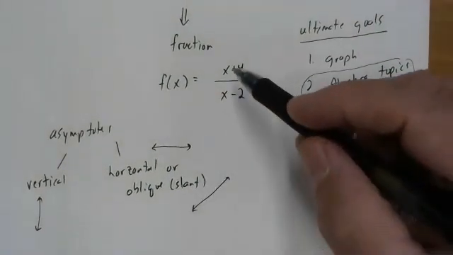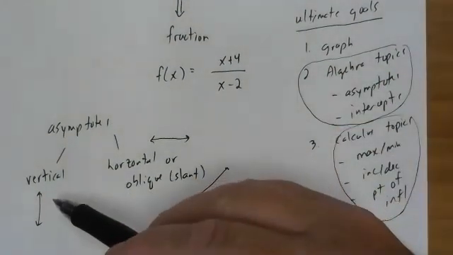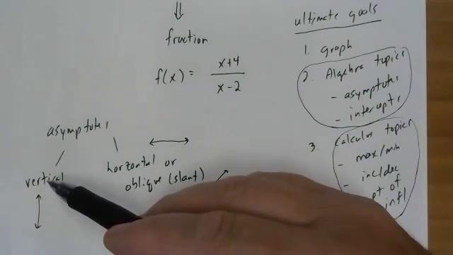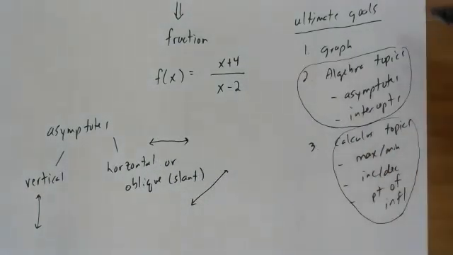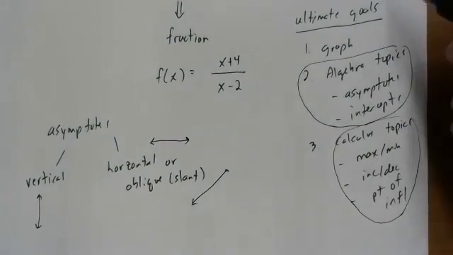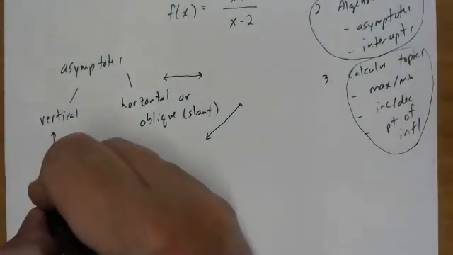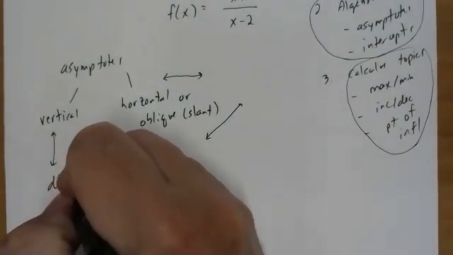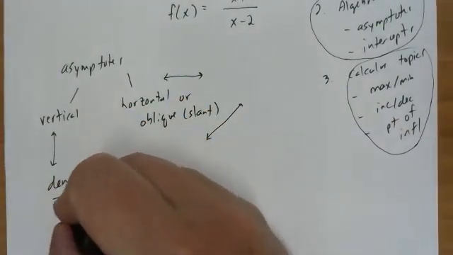So our job is to look at our function, our expression, see if there are any vertical asymptotes, what they are, see if there are any horizontal or oblique asymptotes, and see what they are. So how do we go about that? Well, vertical asymptotes, we've gone over this before. It's all about the denominator.